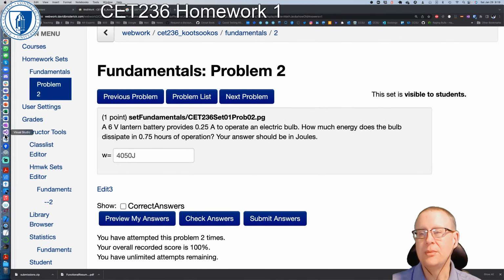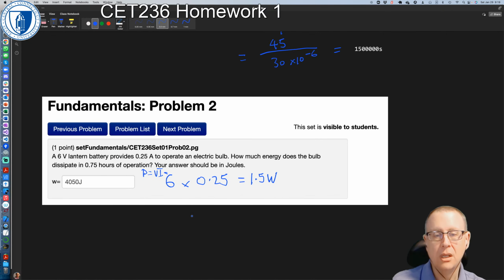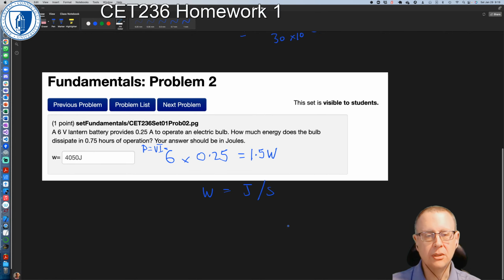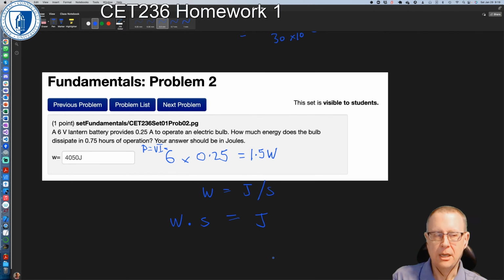Unfortunately sometimes OneNote goes strange on me. So as I said, watts are joules per second. So in order to get joules, we need to multiply our watt figure by the number of seconds.